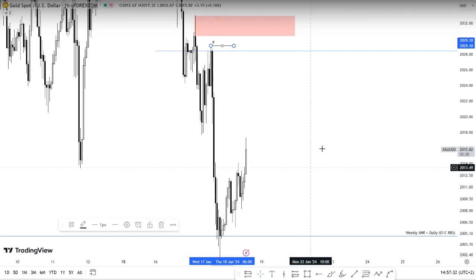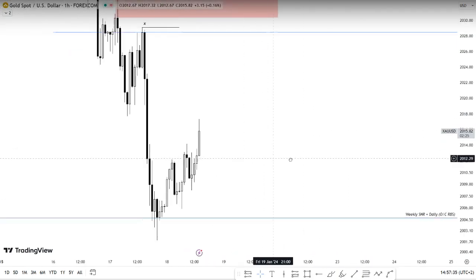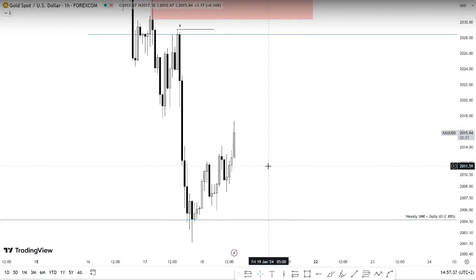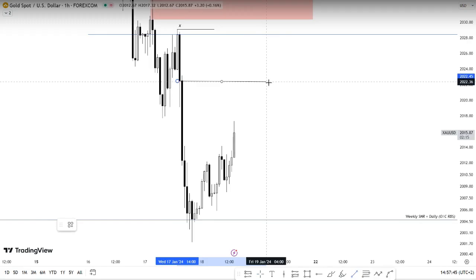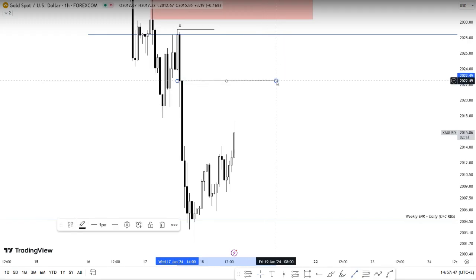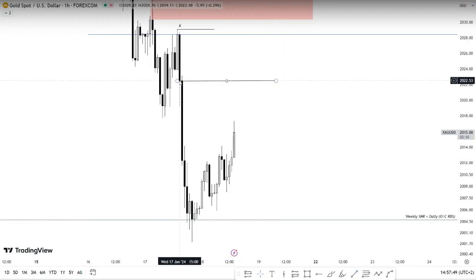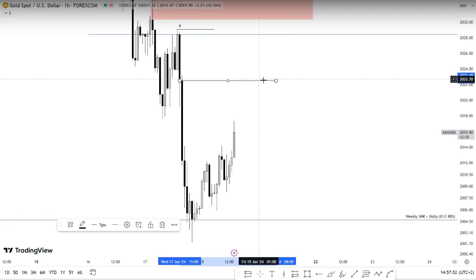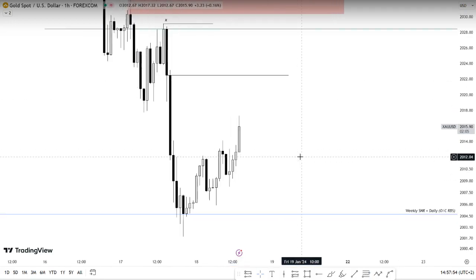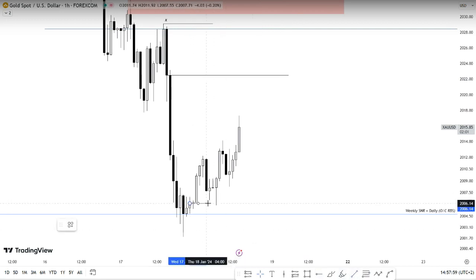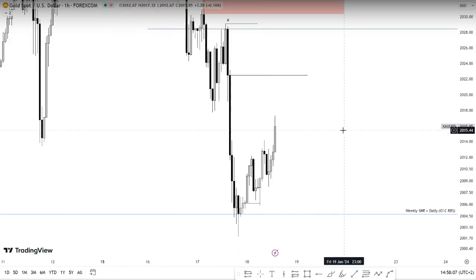But I'm hoping that we can get a bit of a retracement and then a buy, but it's probably not gonna happen now. I'm just gonna keep monitoring these areas right here. This one I'm not really sure what happened here, but yeah.